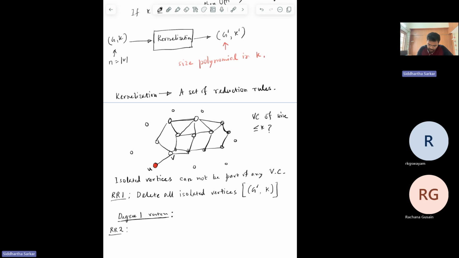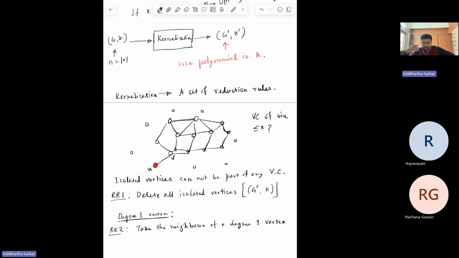So one can write a rule: take the neighbor of a degree 1 vertex.